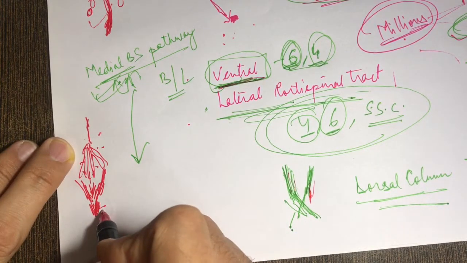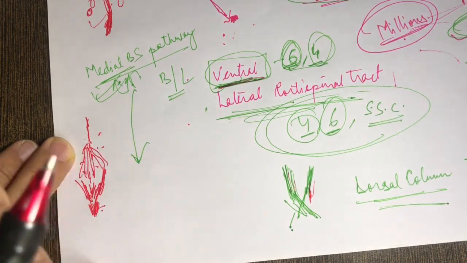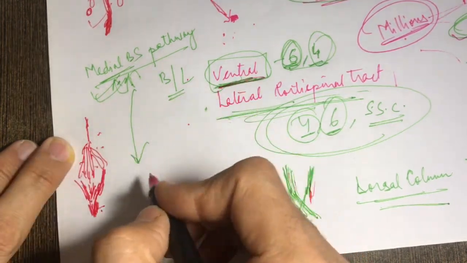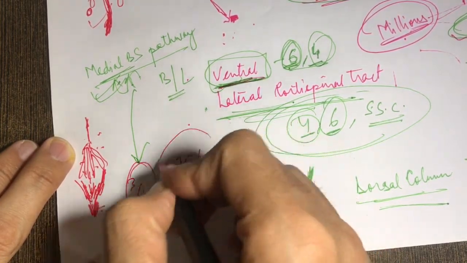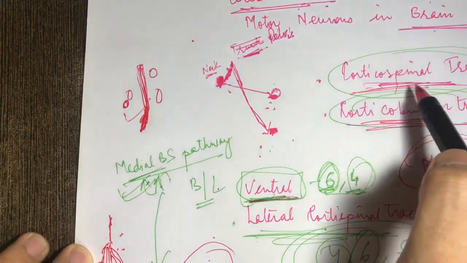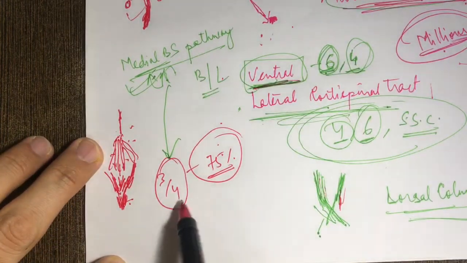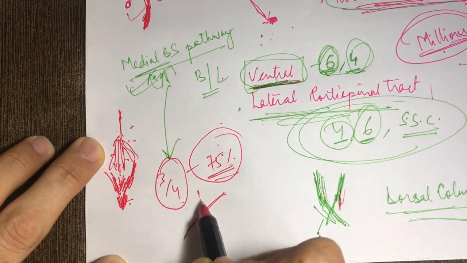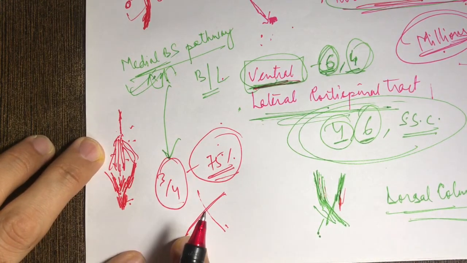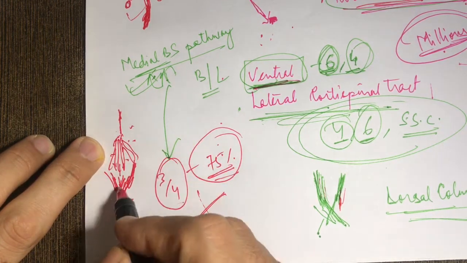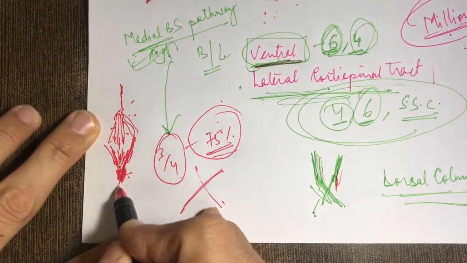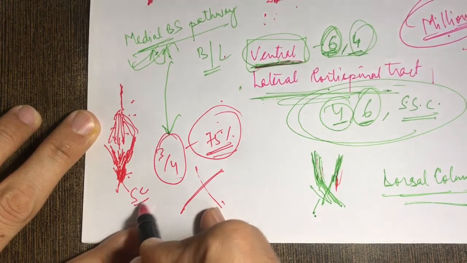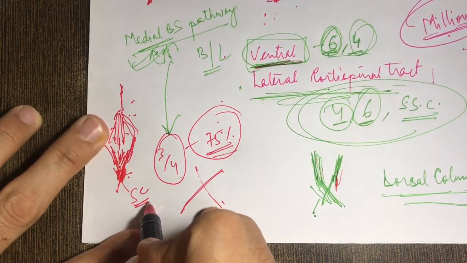Within the ventral medulla they form the pyramid, and about 3/4, or we can say 75% of the corticospinal tract, cross over to the opposite side in the pyramidal decussation. That happens at the lower part of the medulla, at the junction of the medulla with the spinal cord.